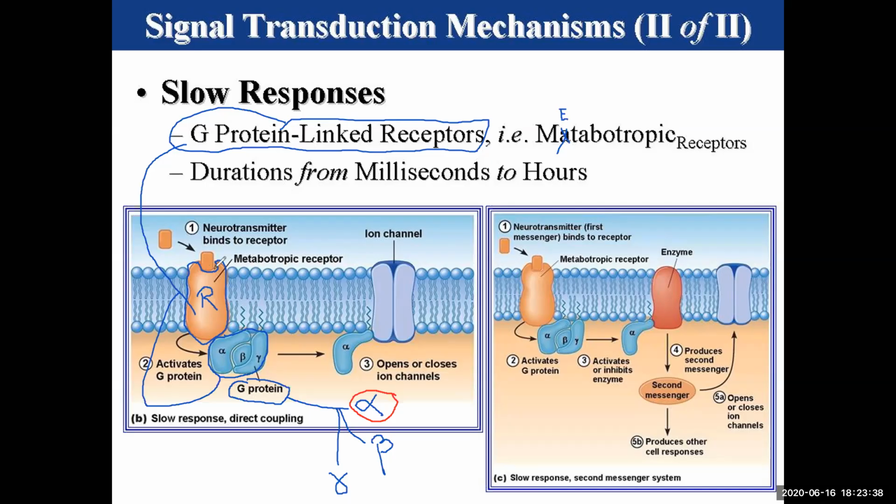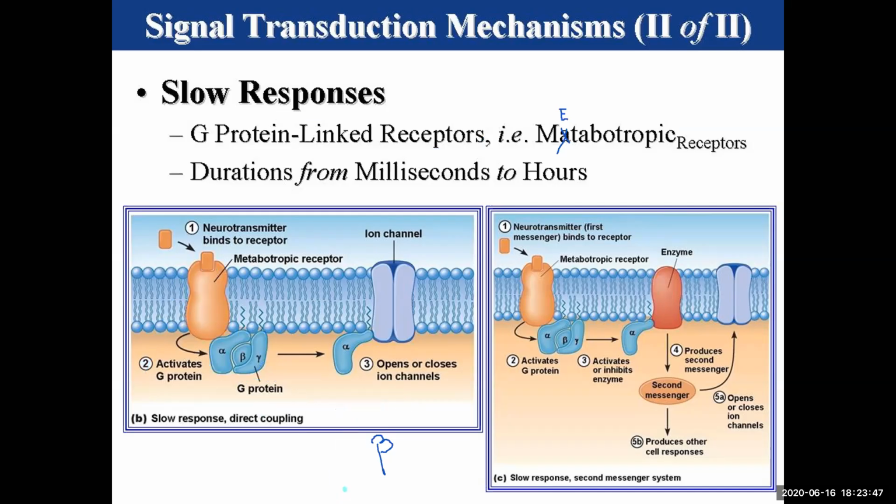So when the neurotransmitter, shown here, so this is the neurotransmitter, exquisitely specific, binds to the G protein coupled receptor.